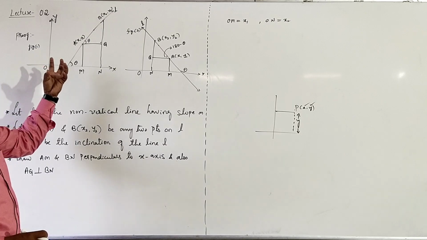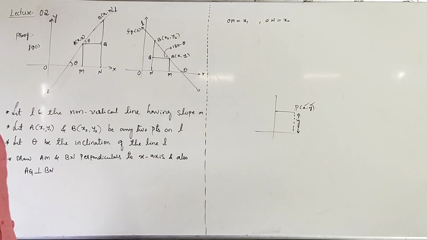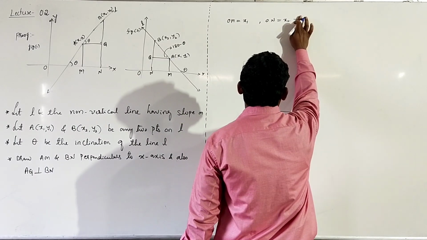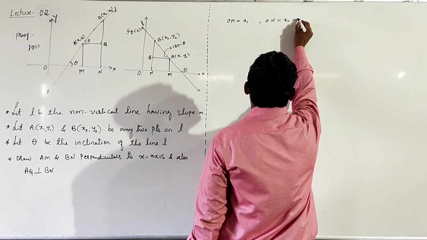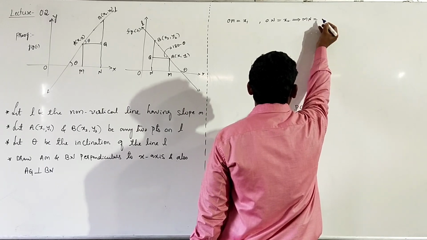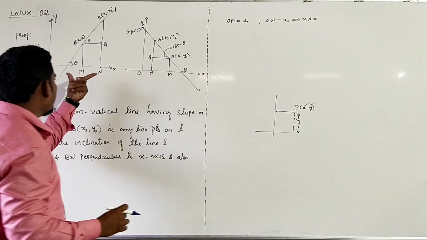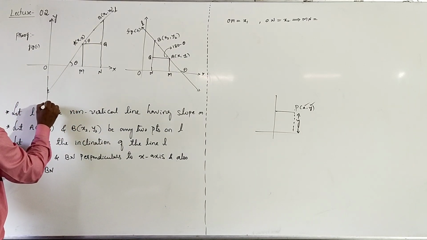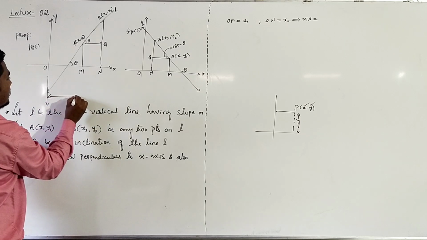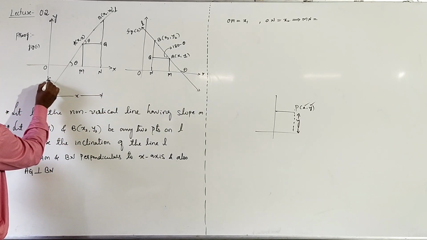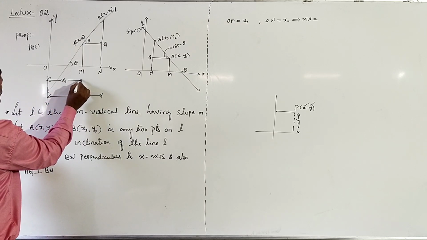If OM is equal to x1 and ON is equal to x2, then what is MN? MN is equal to... this is our x2, and this is x1.